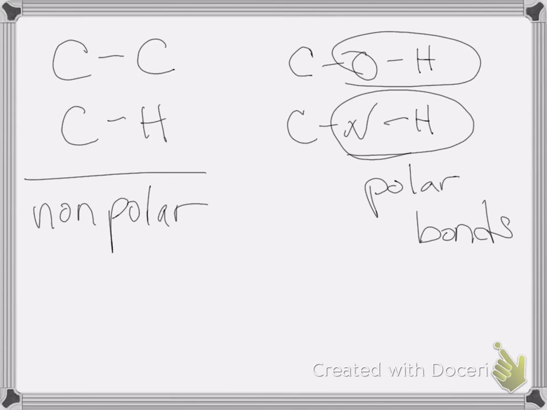And I don't have enough of these to go around, so if you're at a short table, you're going to have to combine and work with somebody else. But you may open these. Red is oxygen, white is hydrogen.